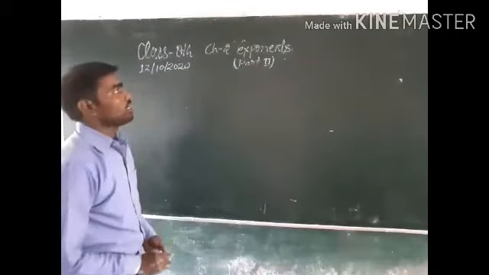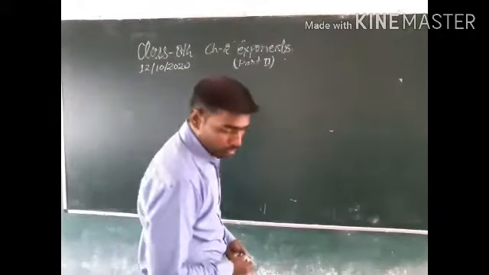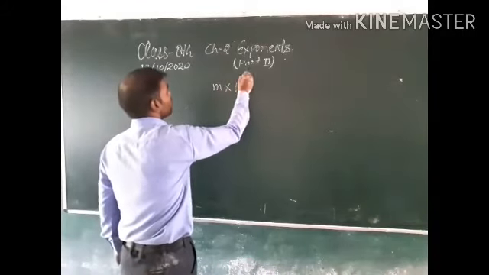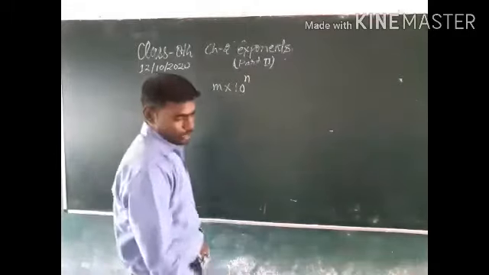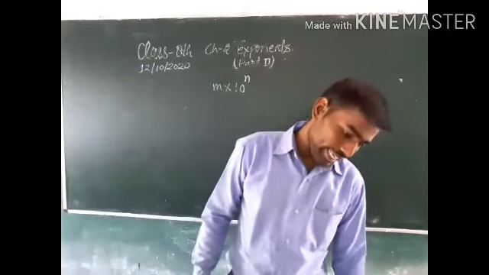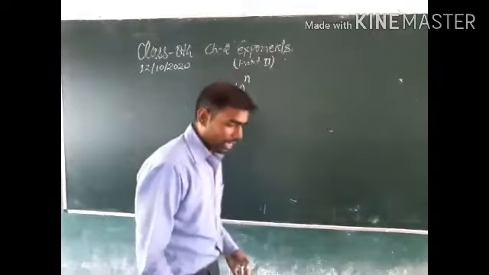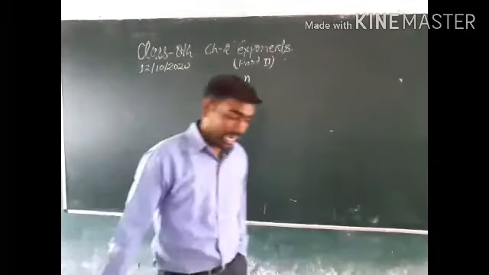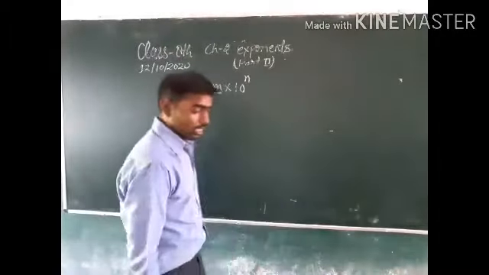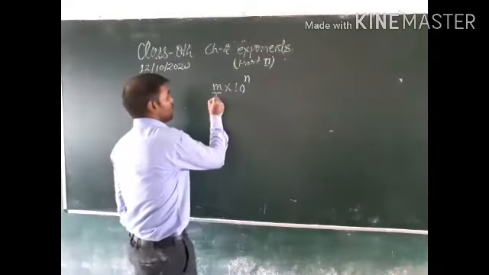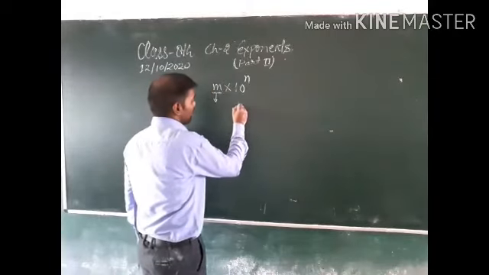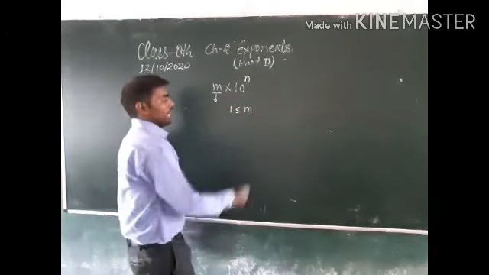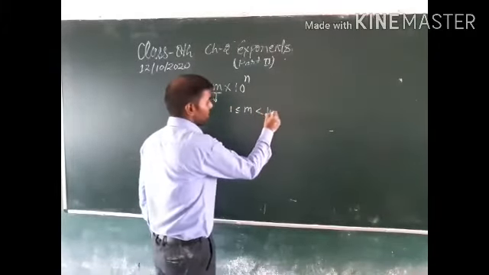First of all, the expression of standard form is m into 10 to the power n, where m is a decimal number, n is an integer, and the value of m is greater than or equal to 1 and less than 10.